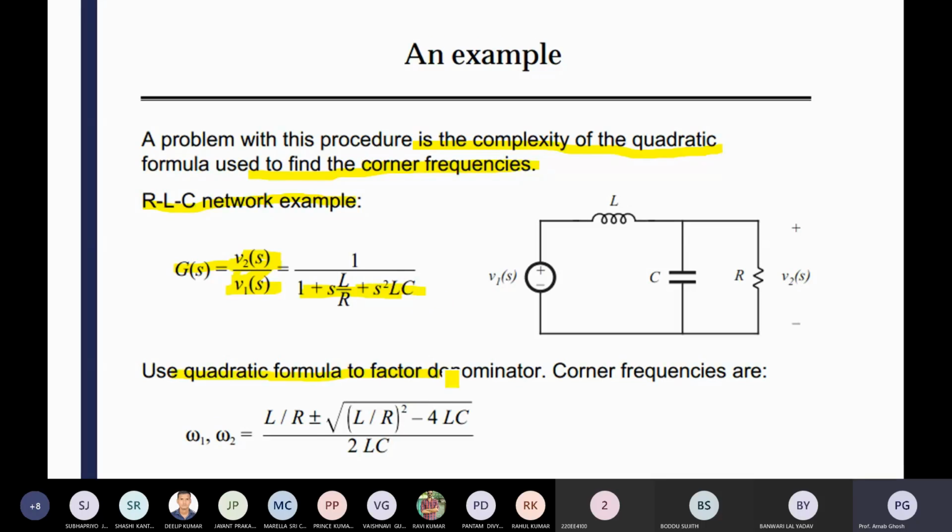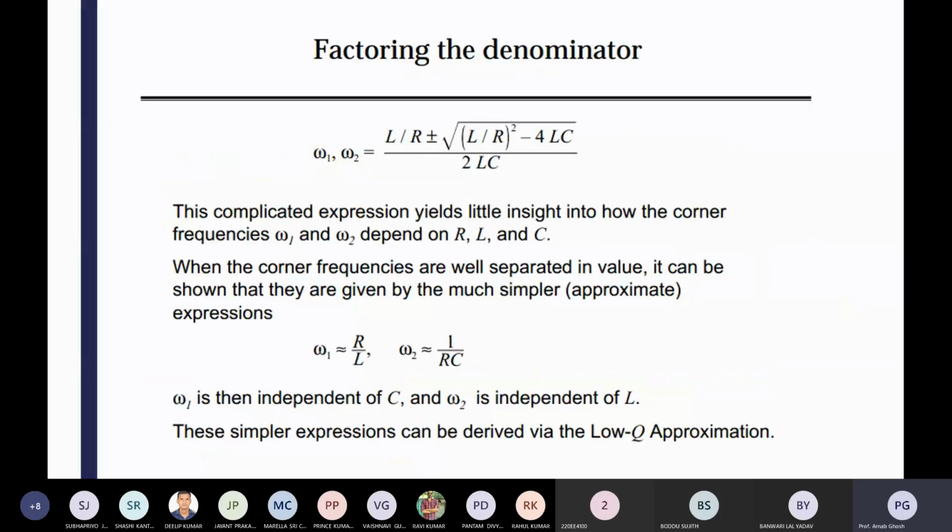The quadratic formula for factoring the denominator gives the corner frequencies omega 1 and omega 2. Simple thing: it is your V1, it is your V2, and L is there, and C, LC is there, and load resistance R is there. You are getting the output voltage across your R.